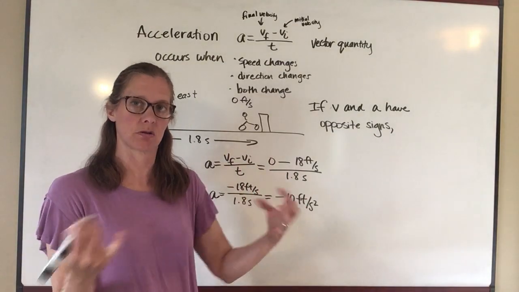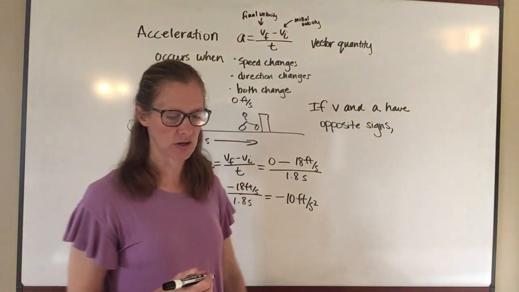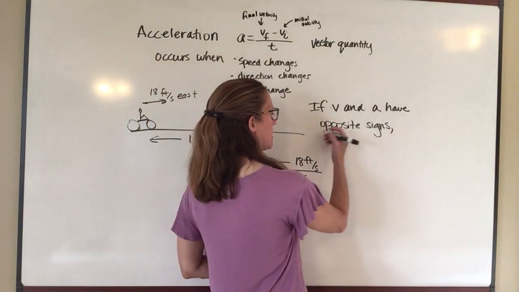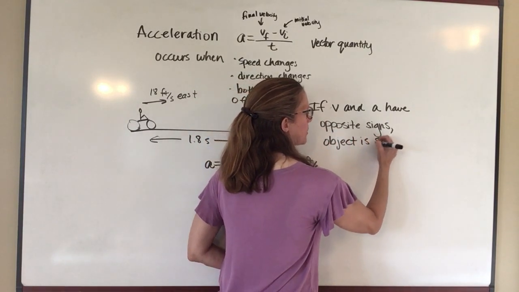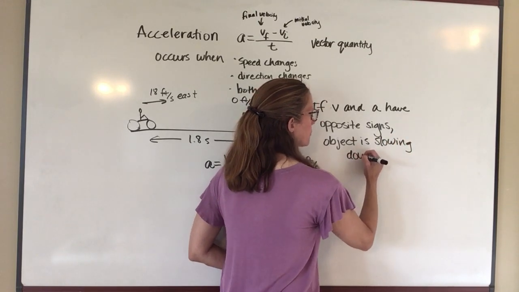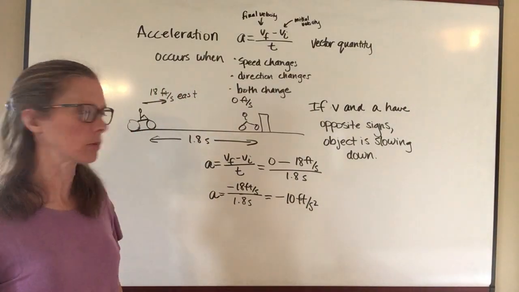It depends which direction, what my displacement is. But if velocity and acceleration have opposite signs, what that means is that the object is slowing down. So that will be one way that you can check and make sure that you've done the problem correctly.